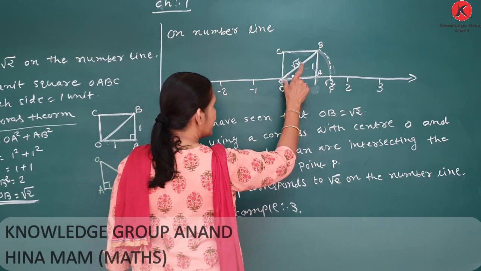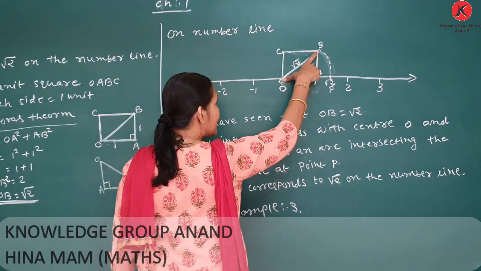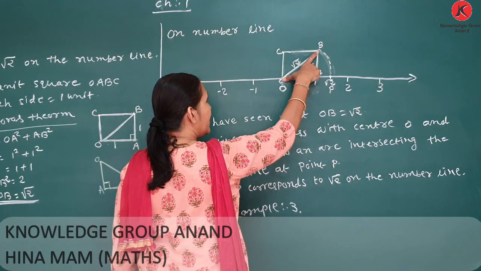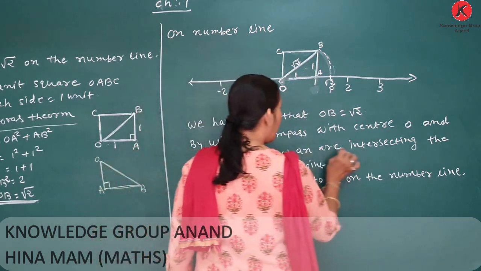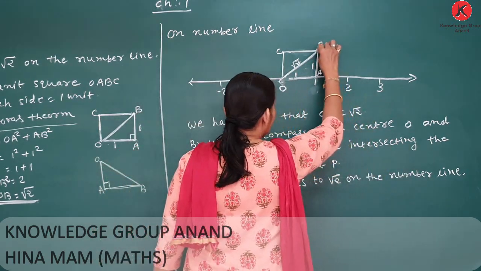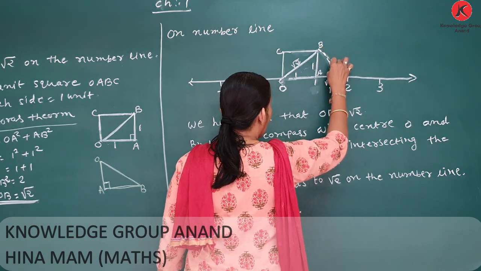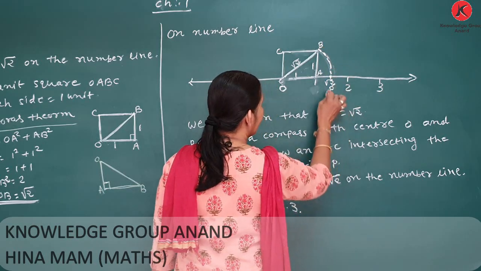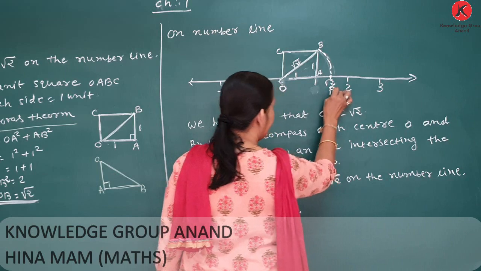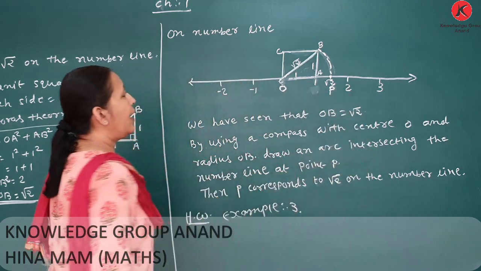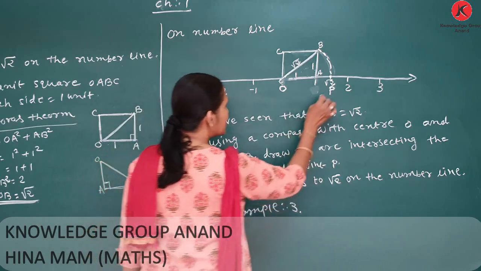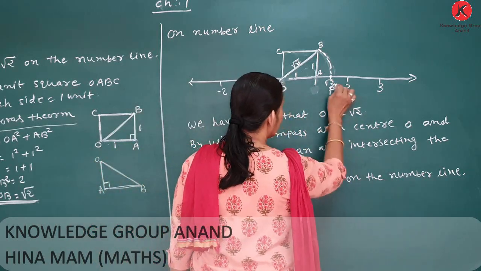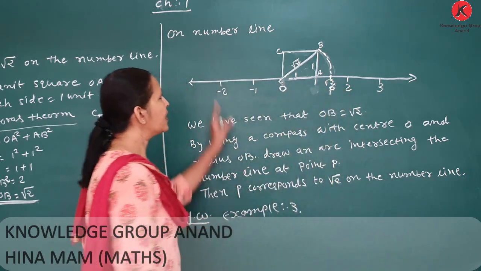How much radius? The radius is equal to OB. We draw this arc intersecting the number line at point P. Then P corresponds to root 2 on the number line.